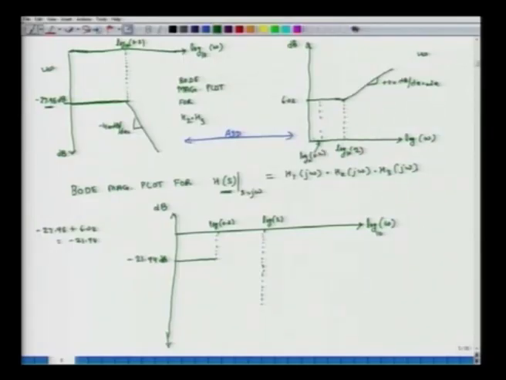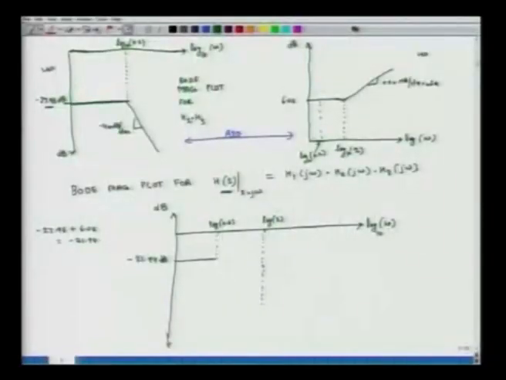So, the overall transfer function will be a negatively sloped line, and the slope will be minus 40 decibels per decade up to an angular frequency of 2.